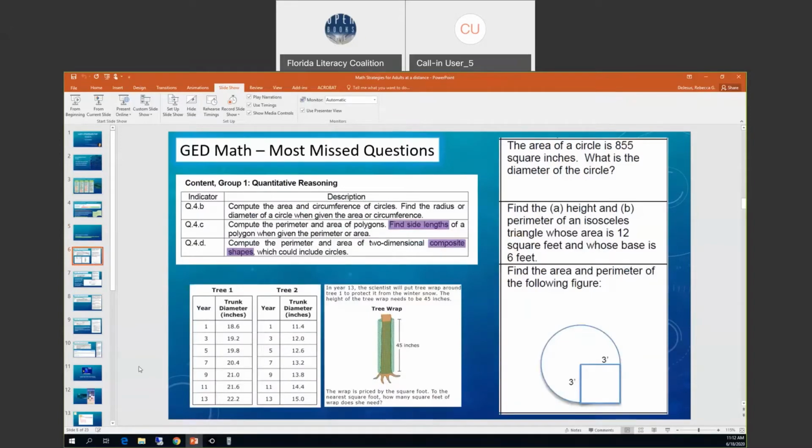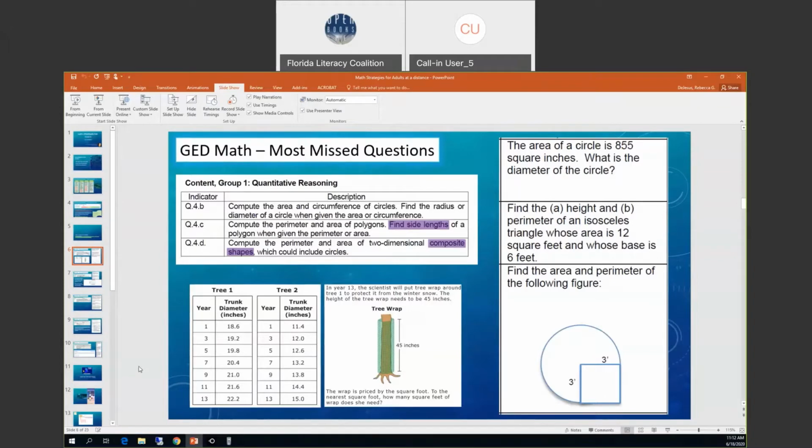So when we think about the most missed, the reason we talk about the most missed is because sometimes in a tutoring or a teaching environment, you don't have an entire school year worth of contact with a student. You don't have daily contact with a student. And of course, that's a challenge for all tutors and adult educators, the attendance. So we try to figure out, well, what are the most important things?